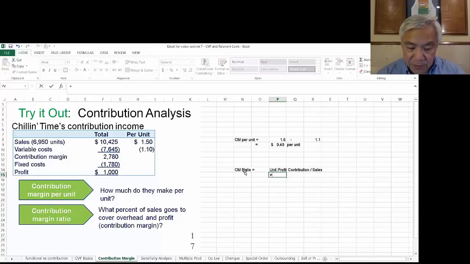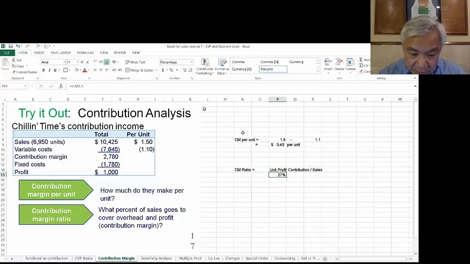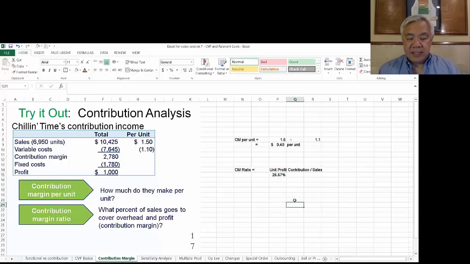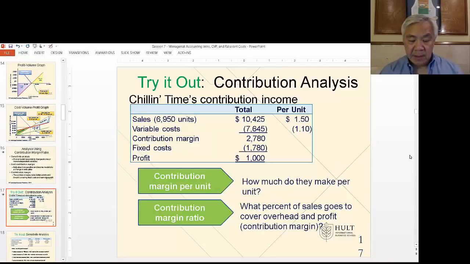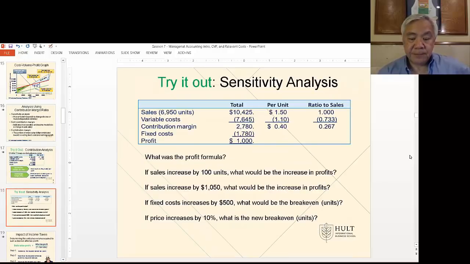The unit profit contribution is 0.4 and the total sales is 1.5. So the contribution margin is 26.67%. And so for every dollar of sales we have, we make 26 cents in contribution income. All right. So that's the margin per unit and the ratio being a percentage.